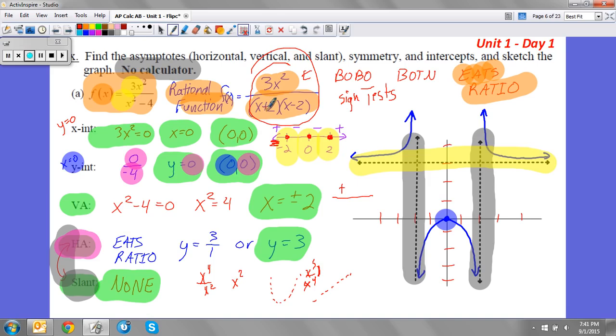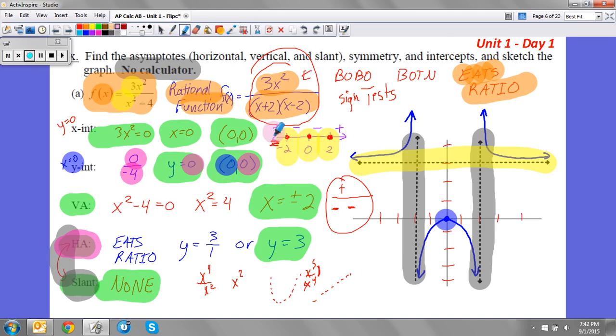Then -3 plus 2 is -1, but we don't care if it's 1, we just care that it's negative. And then -3 minus 2 is also negative. So what is this multiplicatively equal to? Positive on the bottom, because a negative times a negative is a positive. Positive divided by a positive, that's where we got what's already written here for you, this positive piece in that first interval.